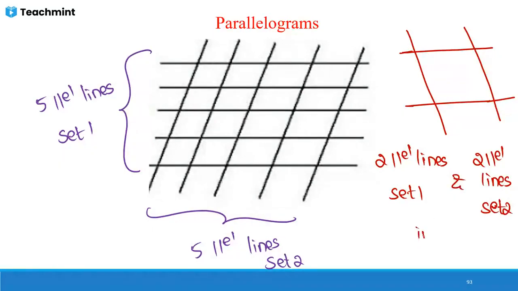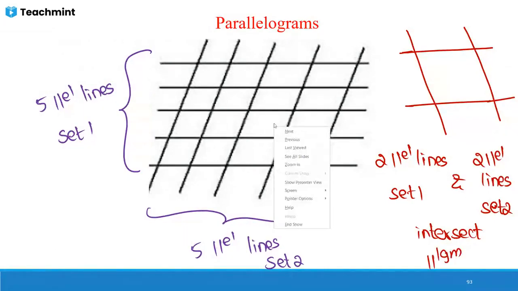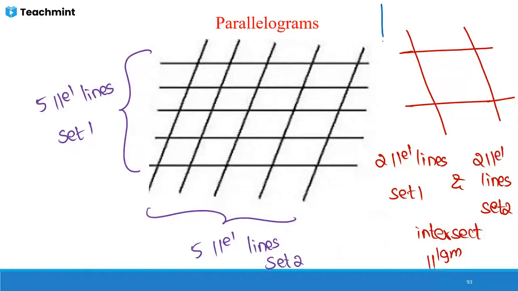We get one parallelogram here. You can observe the parallelogram shape there. They should intersect. Two parallel lines here and two parallel lines there.